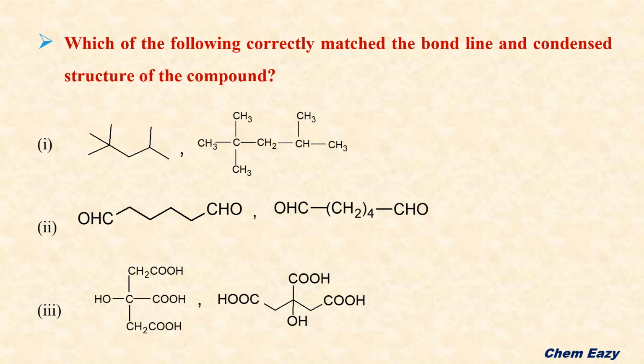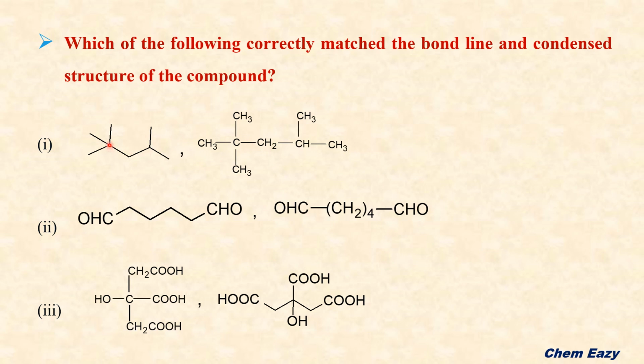This is the second question. Which of the following correctly matches the bond line and condensed structure of the compound? Let us see. So this is option 1, bond line structure, and here condensed structure is given. You compare both the structures.